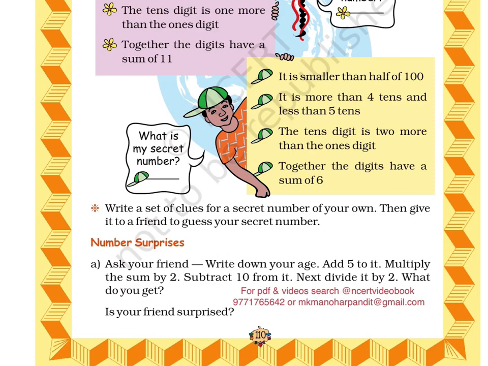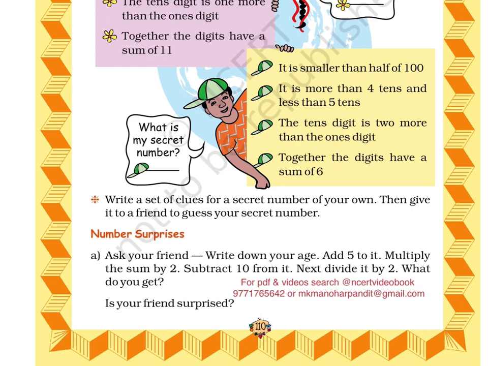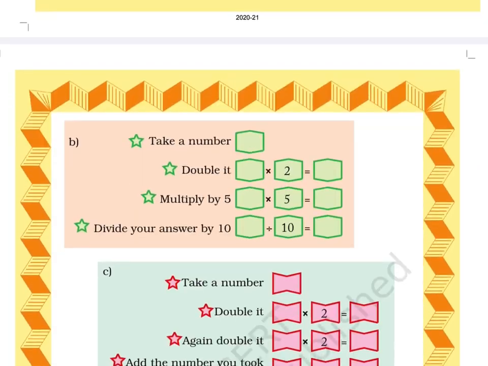Number surprises. A. Ask your friend, write down your age, add 5 to it, multiply the sum by 2, subtract 10 from it, next divide it by 2. What do you get? Is your friend surprised? Page 111.